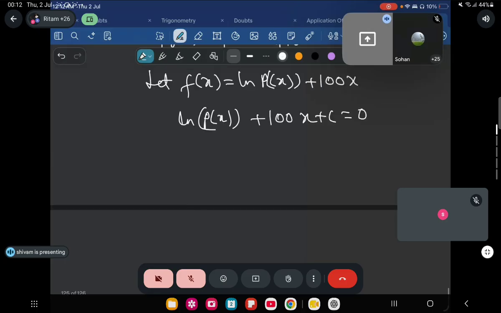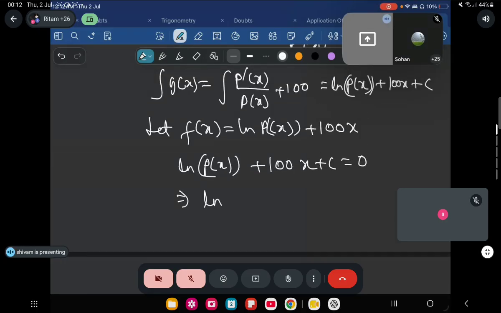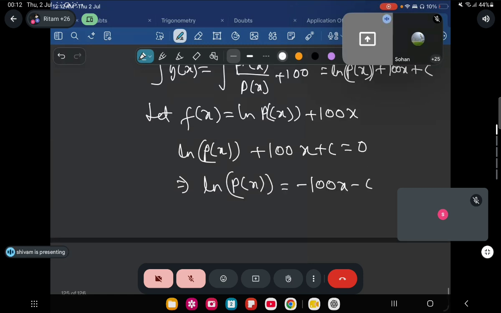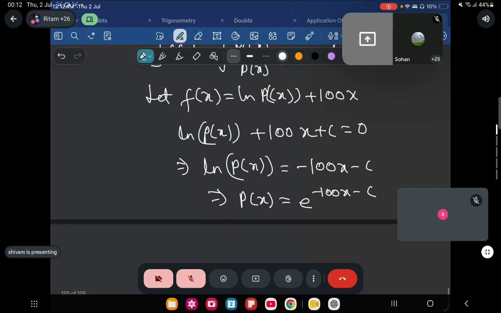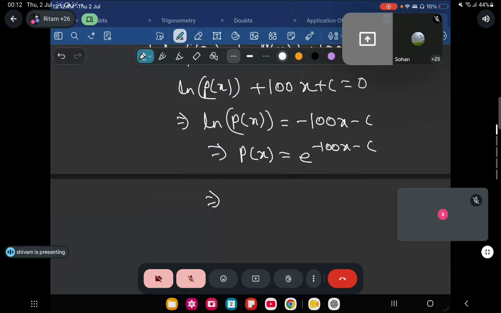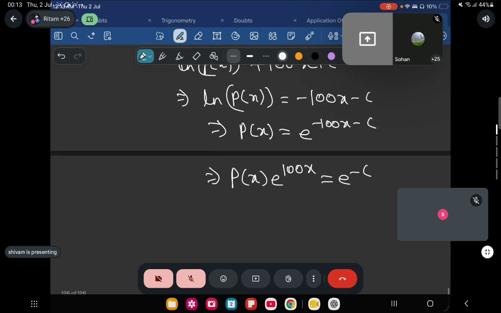From here, ln p of x will be equal to minus 100x minus some constant. So p of x will be equal to e to the power minus 100x minus c. Taking e to the power minus 100x to the left hand side, we'll get p of x into e to the power 100x is equal to e to the power minus c.